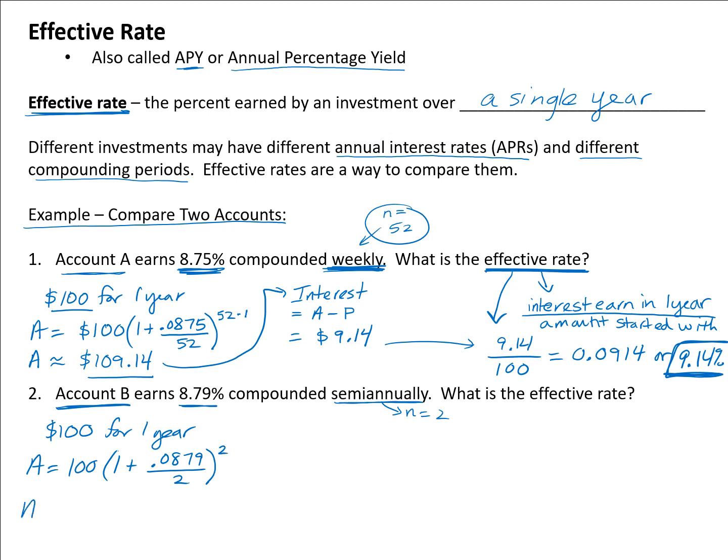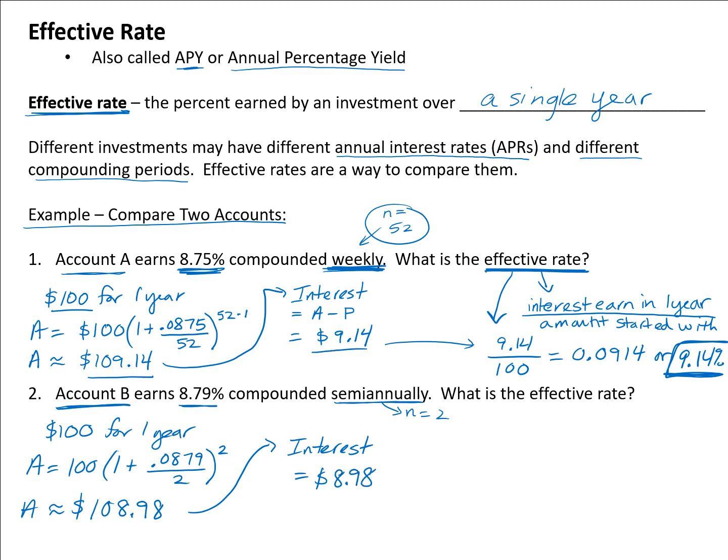When we calculate that, we get a total amount in the account after 1 year of $108.98. So the interest we've earned in 1 year is actually $108.98 minus 100, or simply $8.98.